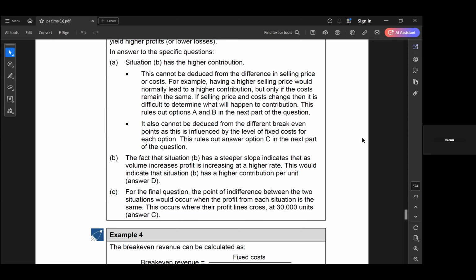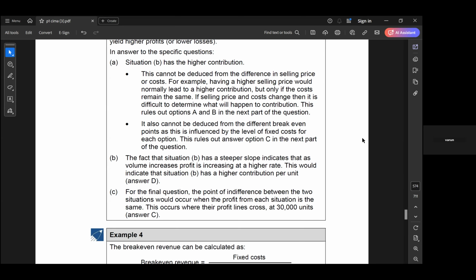So the fact that situation B has a steeper slope indicates that as volume increases, the profit is increasing at a higher rate. This would indicate that situation B has a higher contribution per unit. So that is what we need to look at.